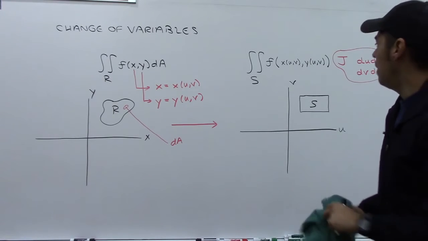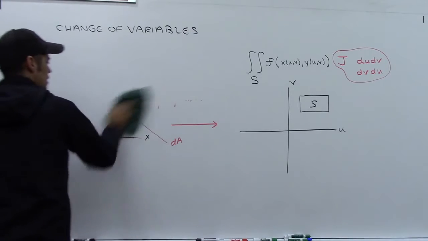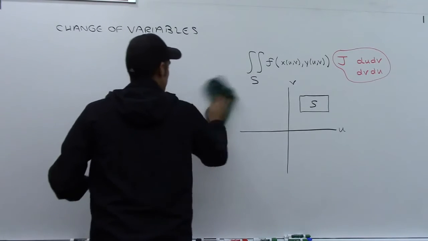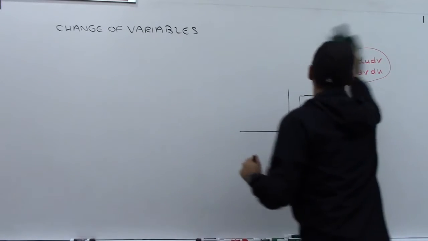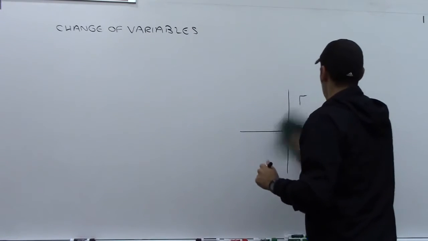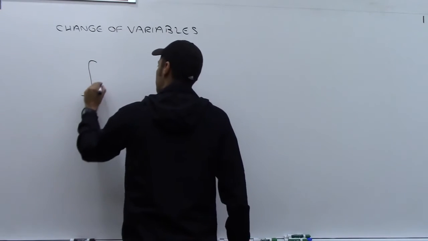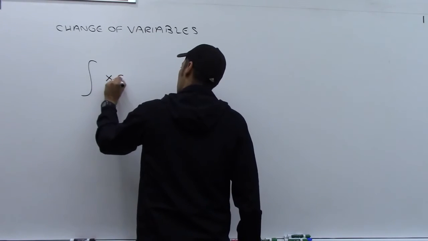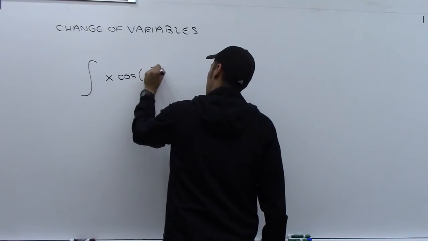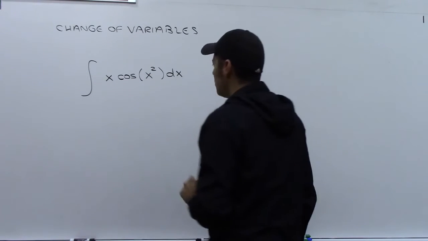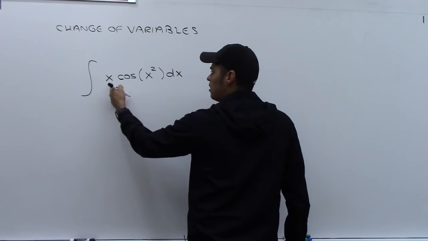Before I can begin figuring out what J is, let me just talk a little bit about an example from Cal 2 to show you that you were actually doing this before. Okay, so I'm going to show you a simple result. Let's say we were trying to integrate in Cal 2 something like x cosine of x squared dx. If we were doing something like this, what we would realize is that if we let this be u, this is almost the derivative of it.